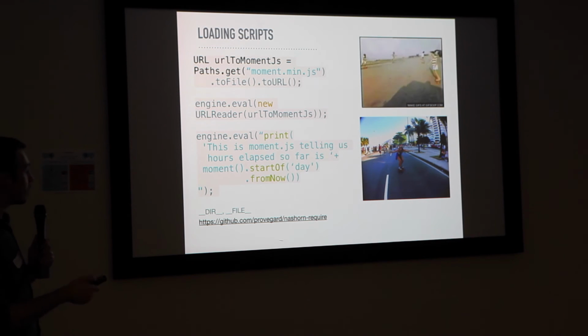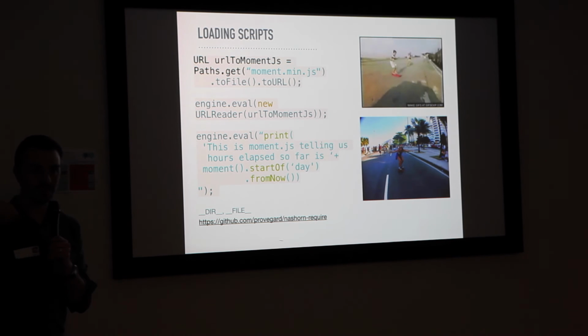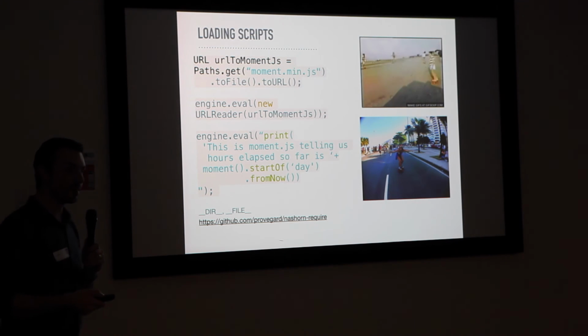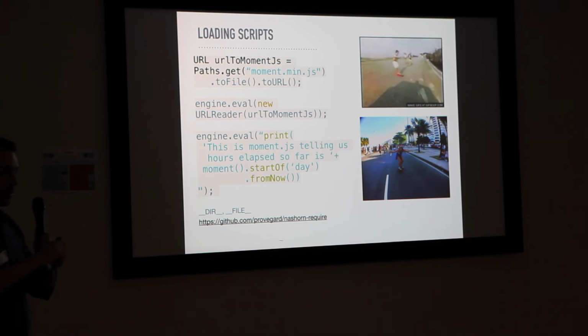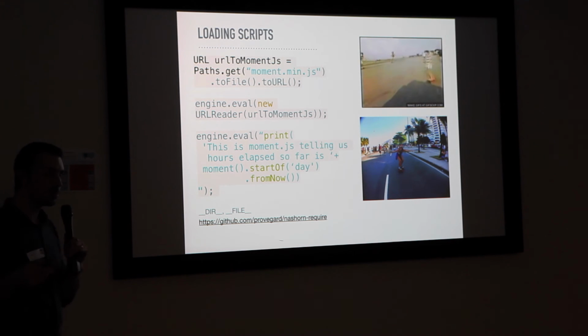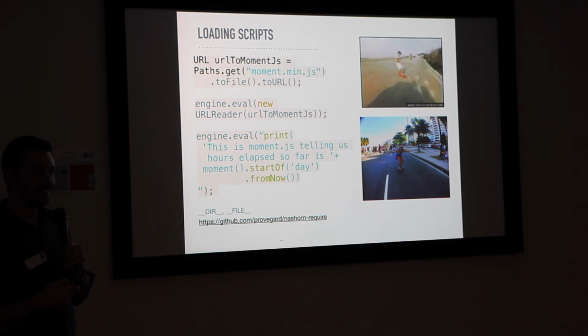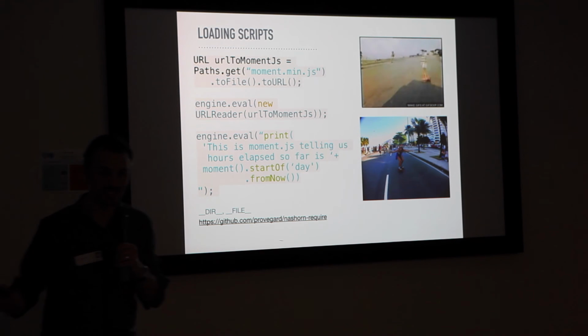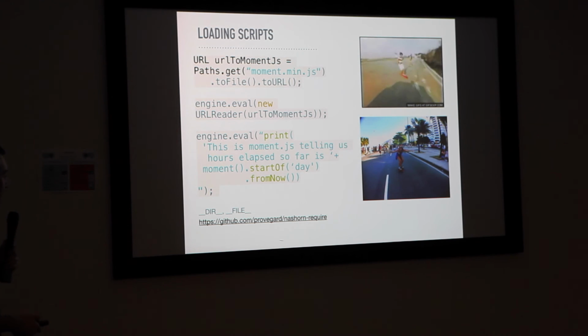Then when it fails, I get some context about what line number and what file it was in, so I don't have to go digging around in this crazy stack trace. It does expose natively these __dir and __file globals, so you can always ask Nashorn where it thinks it's at. So it's very Ruby-esque in some ways.